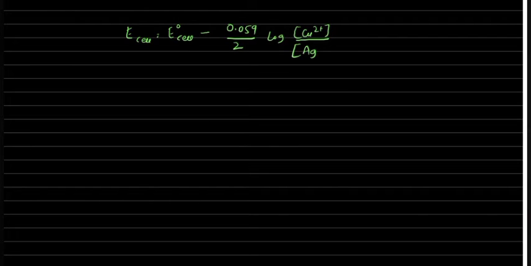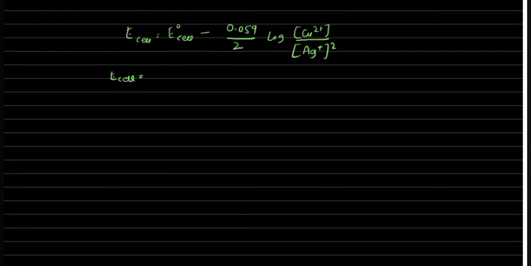when you know the oxidation and reduction, then we need to use the formula. The formula is E cell is equal to E0 cell minus 0.059 upon 2, because 2 electrons are transferring, into log of Cu2+ upon Ag+ squared.